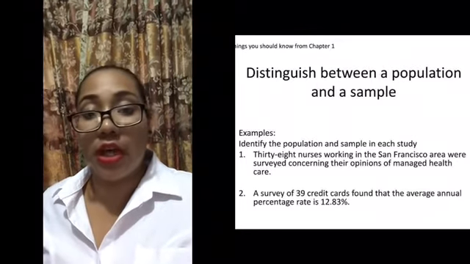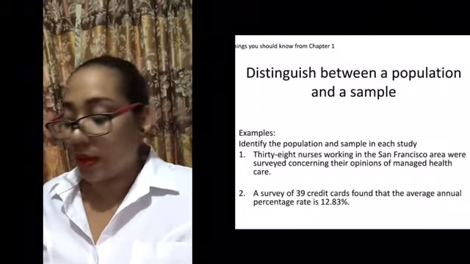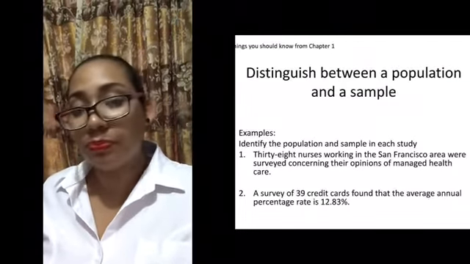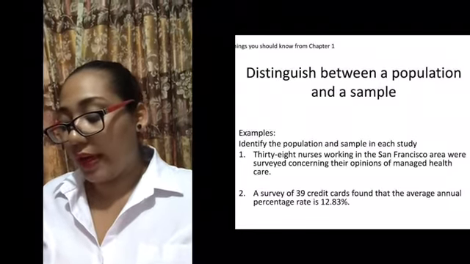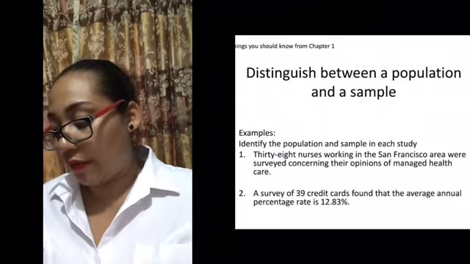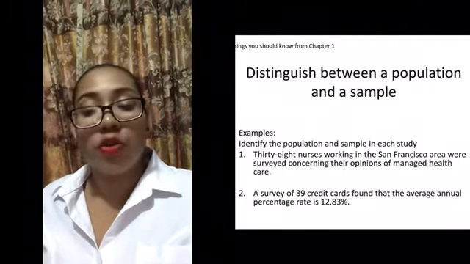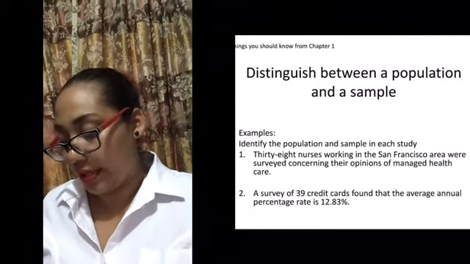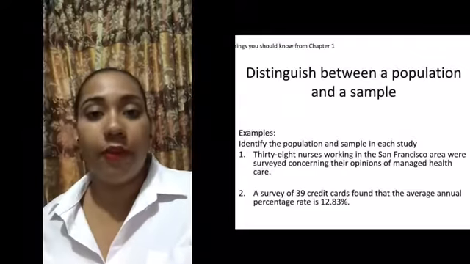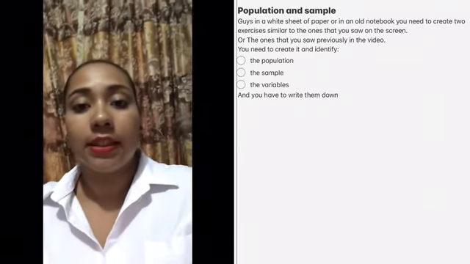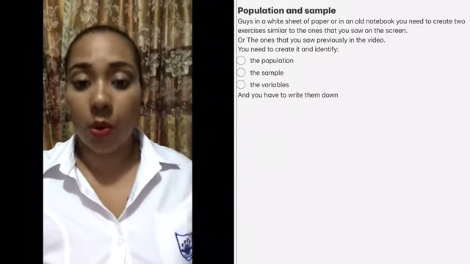If you don't understand what the possible variables from this example can be, then it's okay. Now let's continue with exercise number 2. A survey of 39 credit cards found that the average annual percentage rate is 12.83%. So right here also you have to find the population, the sample, and the variables if you understand them.